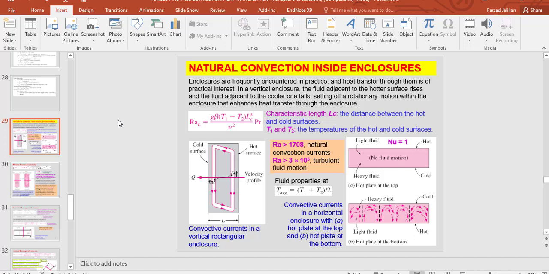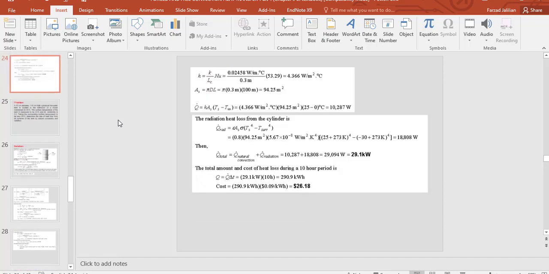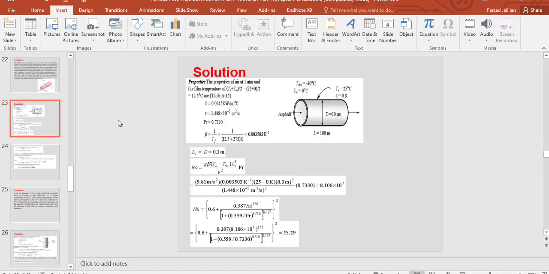I told you that the reason for this natural convection is the buoyancy force and its interaction with the friction force between the fluid and the object. And we also had some examples in the previous session about natural convection around different objects, if you remember.